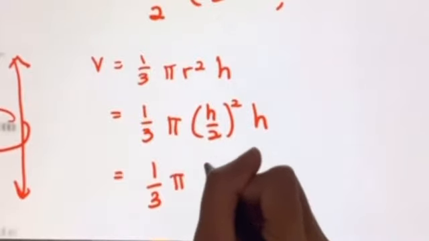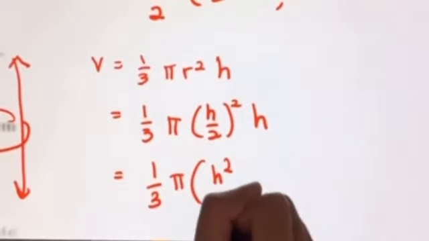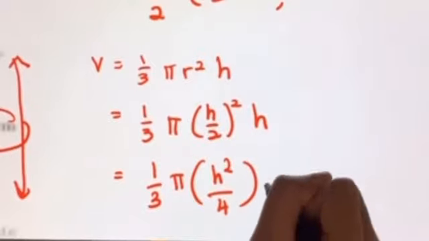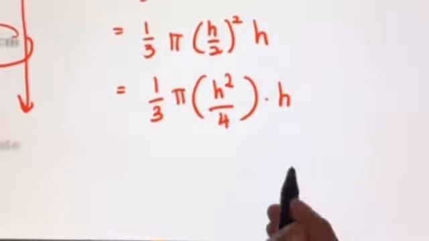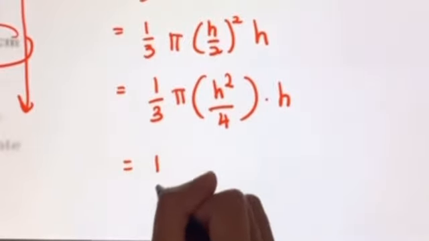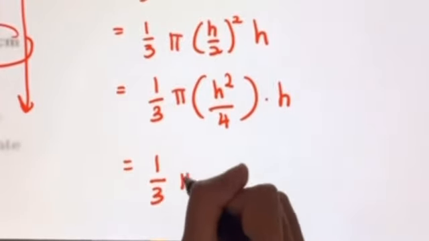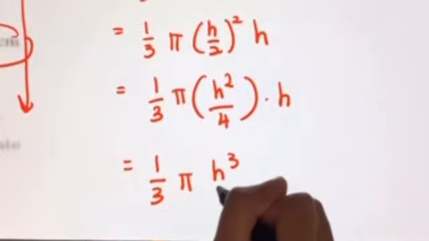Solve it and we get h squared over 4 times h. Next, we simplify to 1 over 3 pi h cubed over 4.